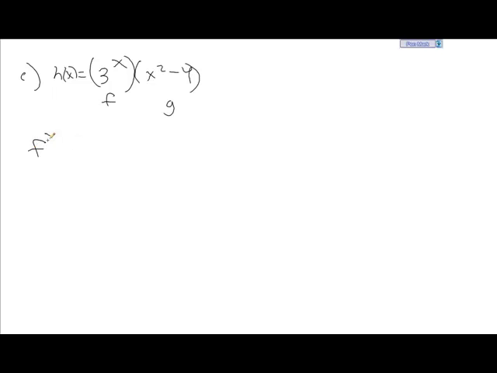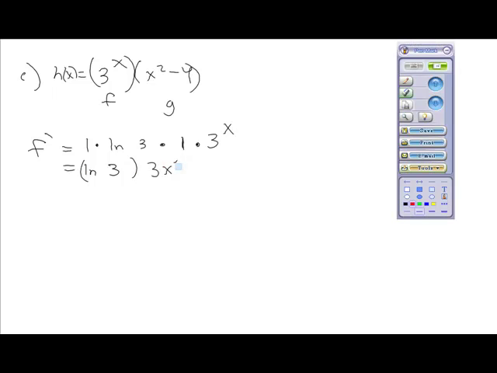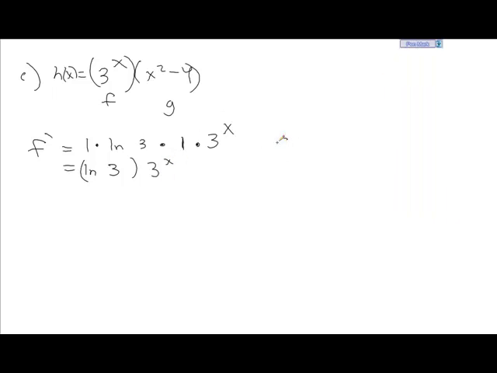So f prime, by the derivative of an exponential function, will be 1, which is the derivative of x, times the natural log of the base, which is 3, times the coefficient of 3 to the x, which is really just 1, times b to the u, so 3 to the x. So it's a little bit easier to just write it as ln 3, I'll put parentheses around this, times 3 to the x. Okay, and so we're done with f prime. G prime's pretty quick. That one's just 2x.